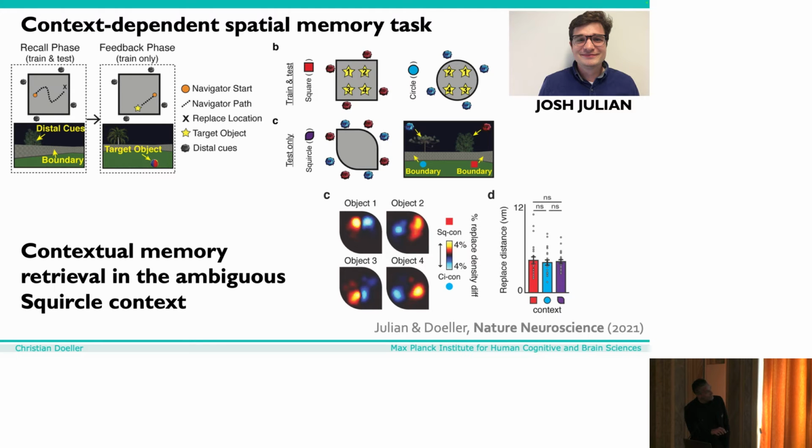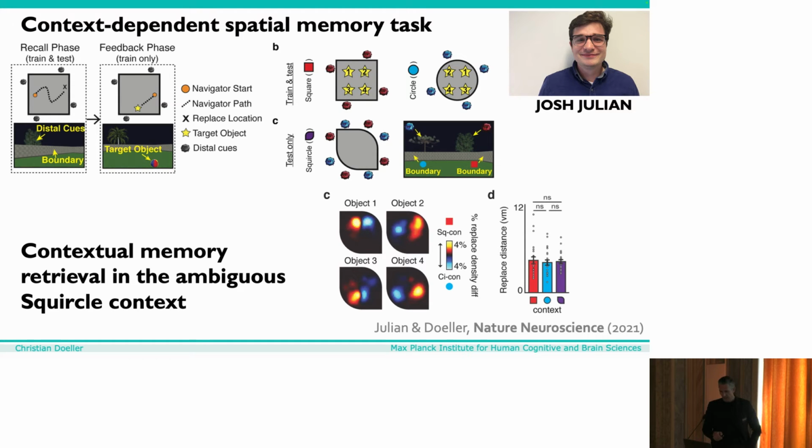And these two locations are centered around the locations of the different objects in the two original environments. When you take object one, for instance, there is this square location which is over here and the circle location which is over here, and so forth for the other objects. So there's a clear distinction. People either replace a specific object at the original square location or the original circle location.